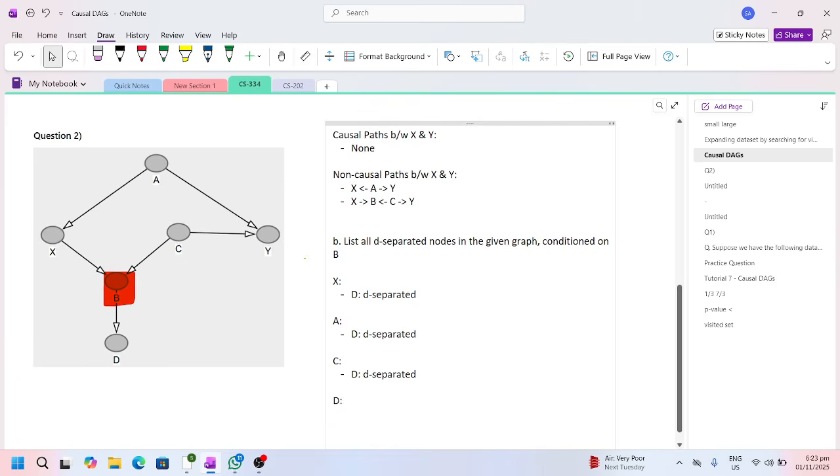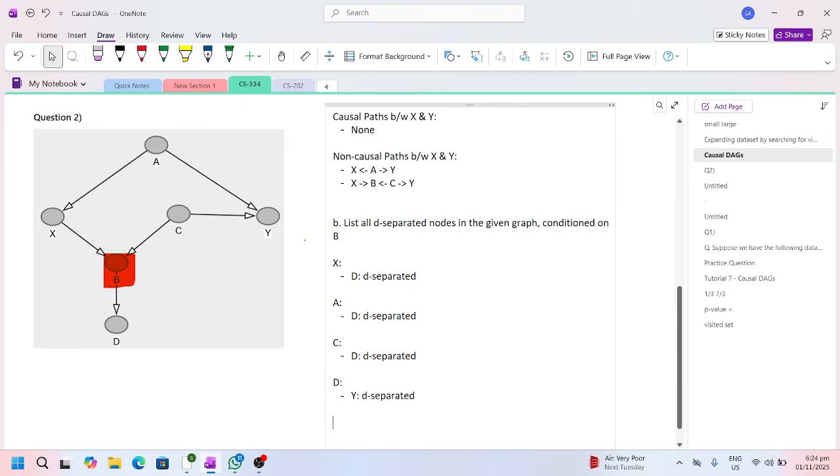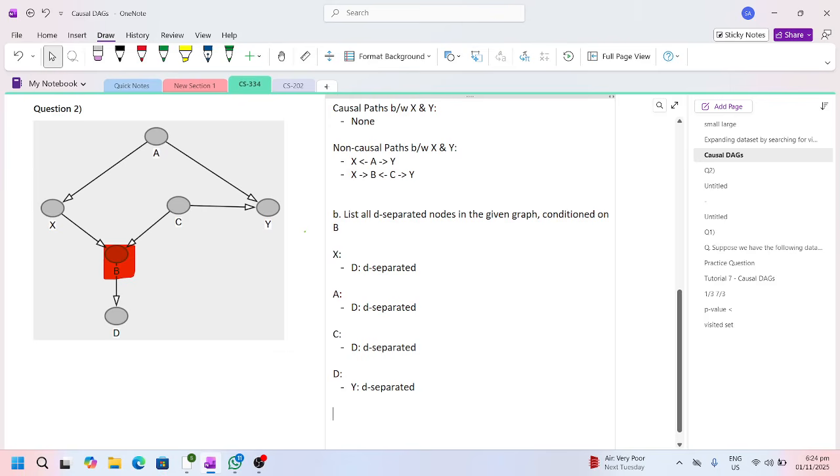So I will check D now. For D, I've checked everything except for Y. This path was blocked because of B, and this was the other path which is also blocked because of B. So these are also d-separated. Let's see, I have X and D, A and D, C and D, and D and Y.